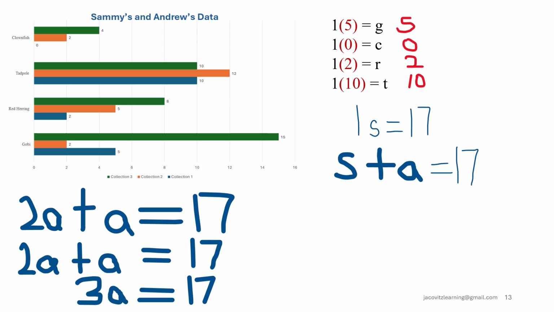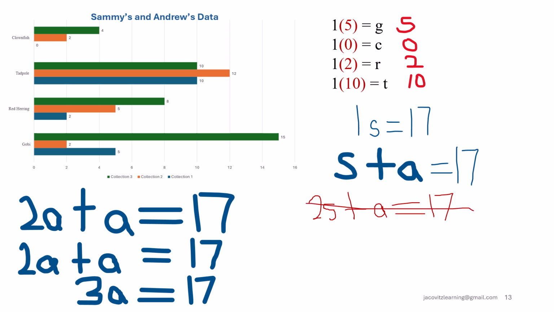Now, on the other slide, I had 2s plus A equals 17. I'm going to tell you why, because of the word problem.